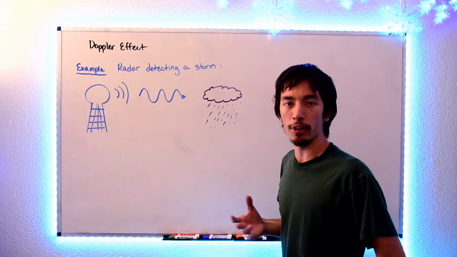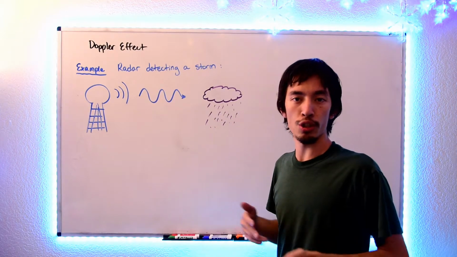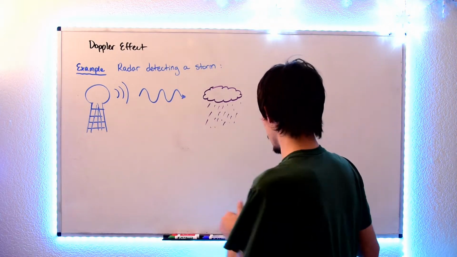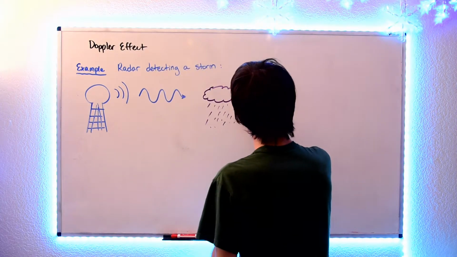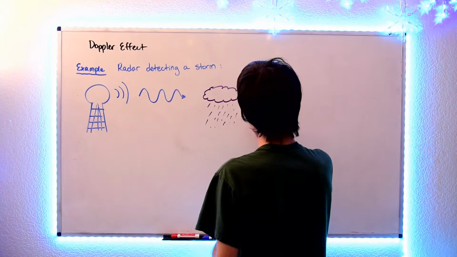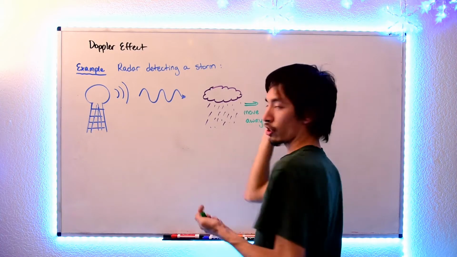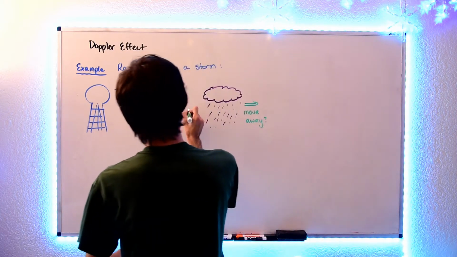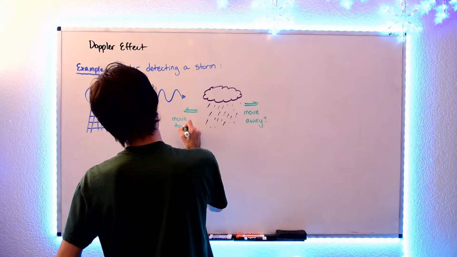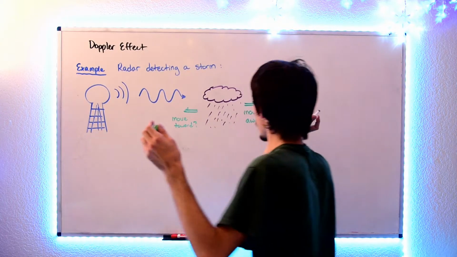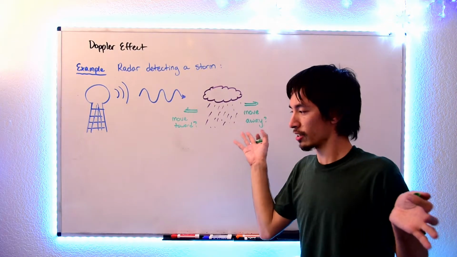Let's say in my diagram, it's either going to move in one of two directions to make it simple. Let's say that it could, for instance, move away, or it could move toward. One of the two situations.